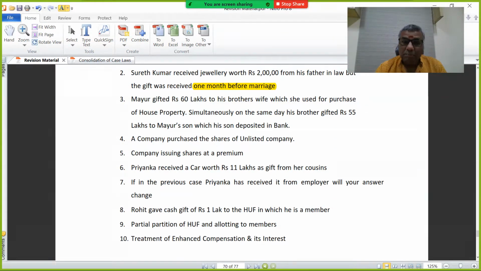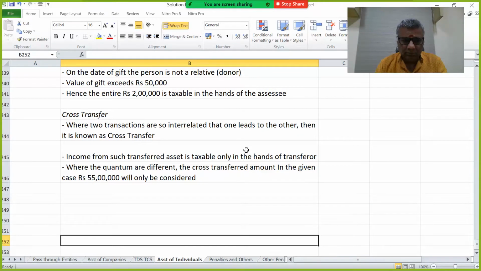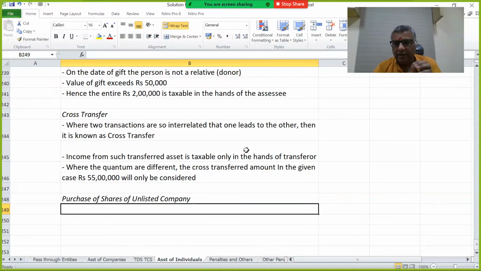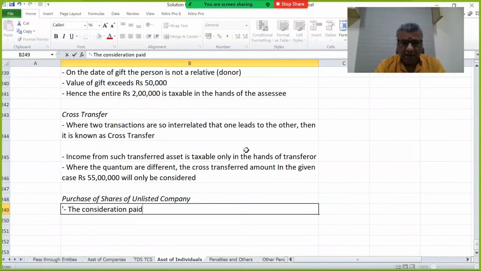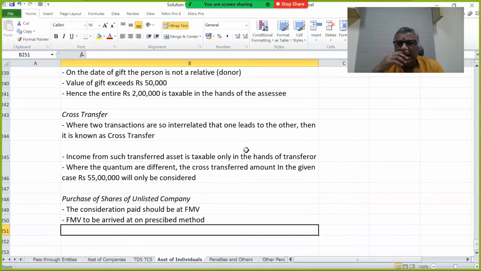A company purchased the shares of an unlisted company. Normally, people think that gift provisions are not applicable for a company. No, it is not so. It is also applicable in this case. The consideration paid should be at fair market value. FMV is arrived at by the prescribed method, either discounted cash flow method or net asset method.